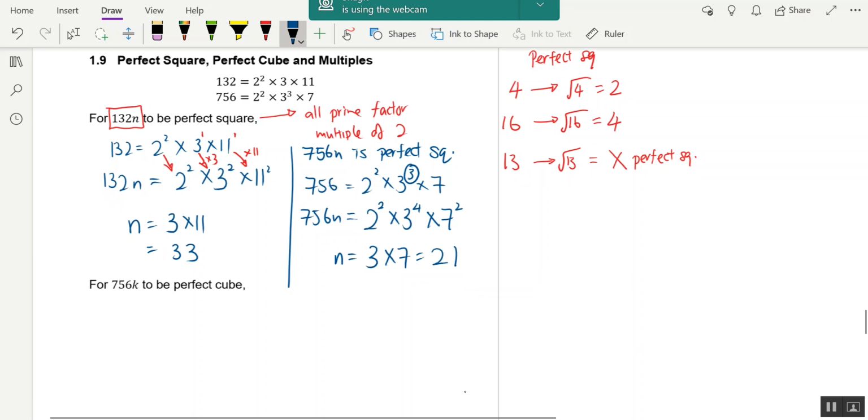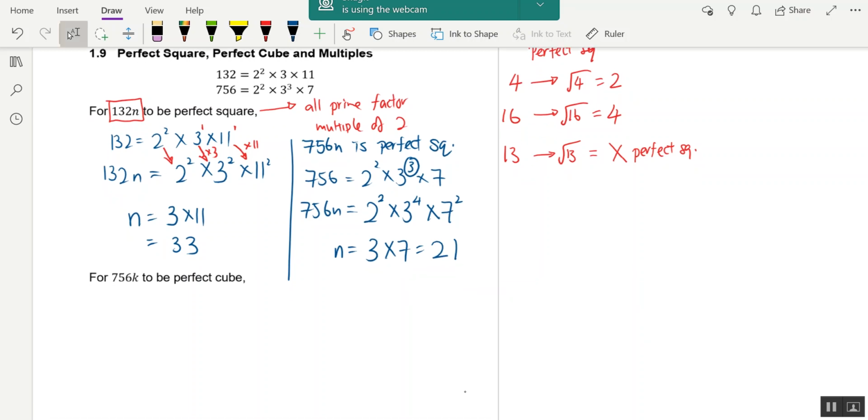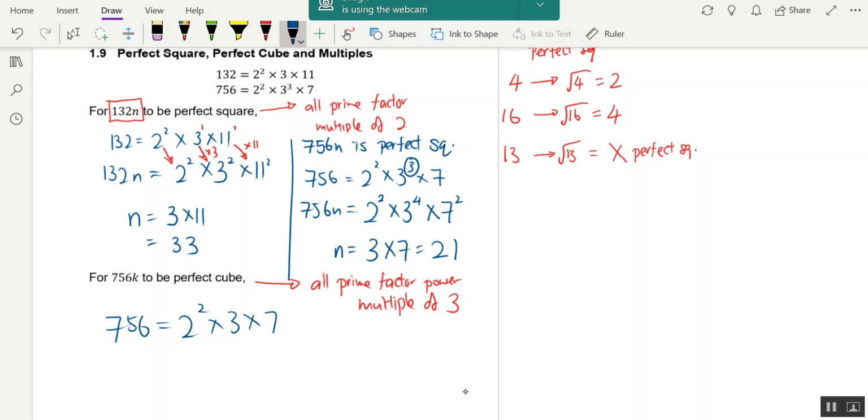For the same, if you want to do a perfect cube, it means the power of all the prime factors must be a multiple of 3. So 756 is equal to 2 to the power of 2 times 3 times 7.